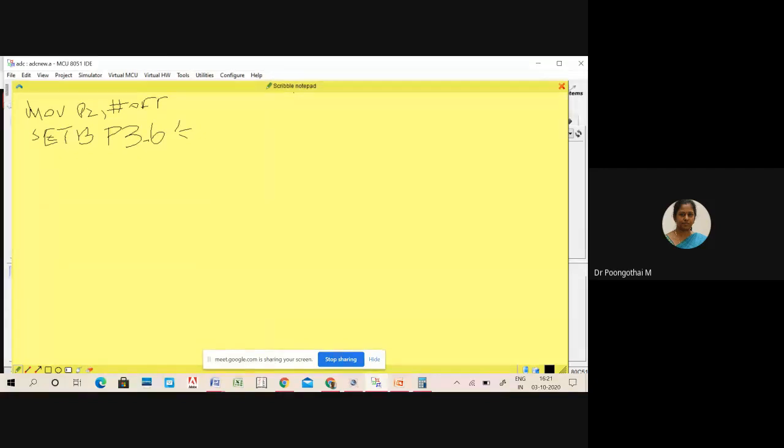And next, clear the data lines which are connected to the pins ALE, start and output enable, because all these pins require a high to low pulse to get activated. What are the pins? Address latch enable, start and OE. Initially, we have to clear all of these.